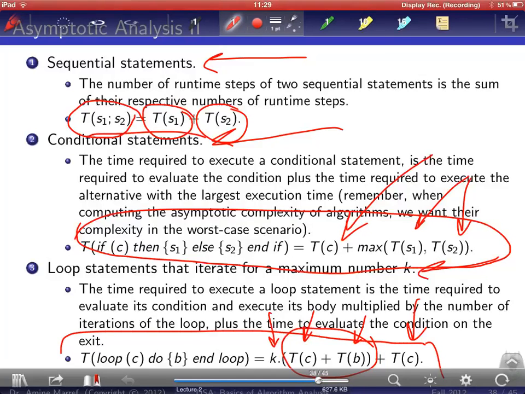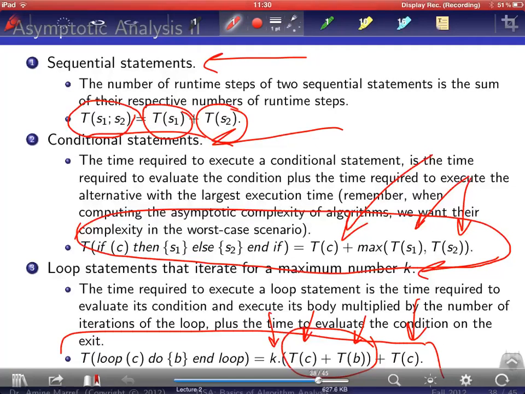What we have is a for loop from 1 to n, right? And inside it we have an if statement which is big O of n. In iteration 1 we have big O of n. In iteration 2 we have big O of n. In iteration n we have big O of n.